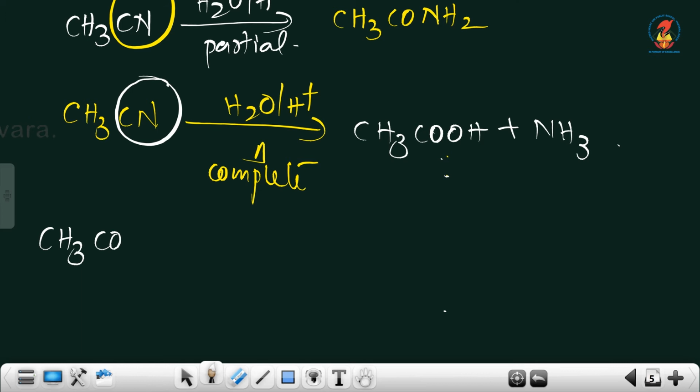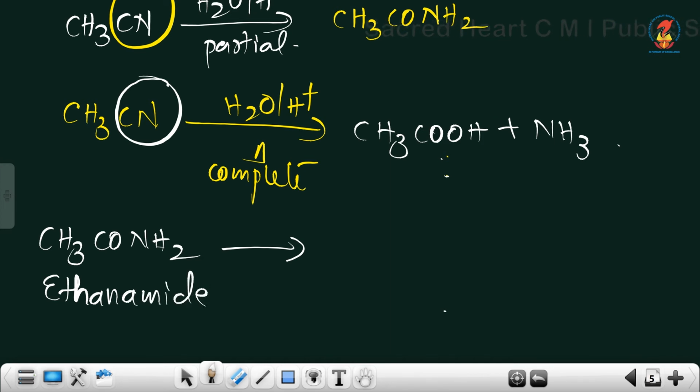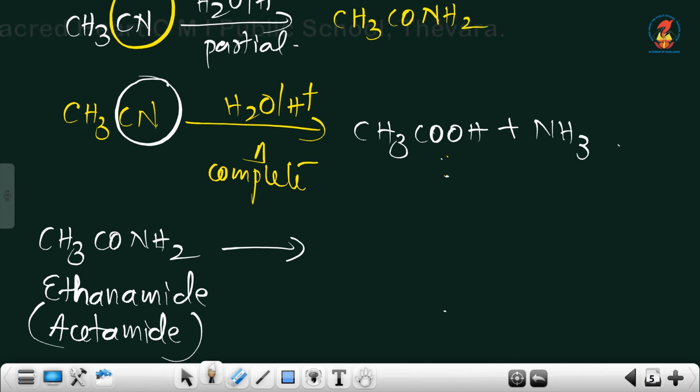Another example is CH3CONH2. The compound name is two-carbon amide, so it is ethanamide, or the common name is acetamide. We know that for the hydrolysis of amides, the only reagent is H2O/H+ and heat.